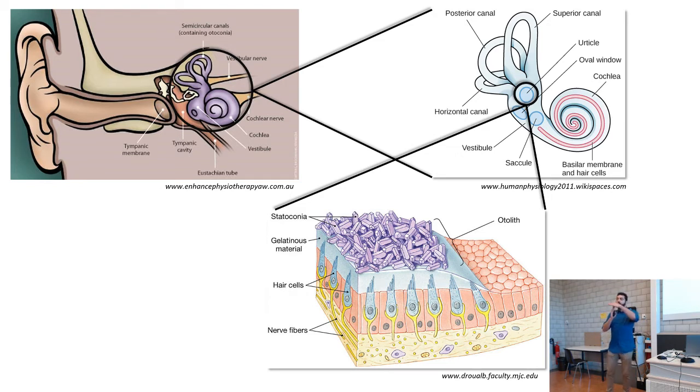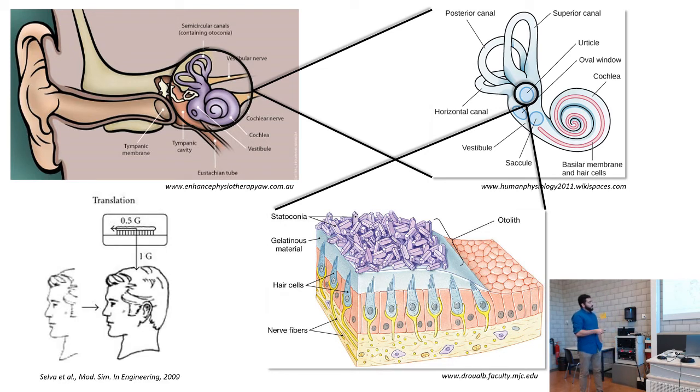Now, every time you accelerate towards a direction, this platform would move due to inertia. And every time that happens, the hair cells send a signal to the deeper structures, to the vestibular nuclei, basically. So this is exactly what would happen in this case. And this is what we think is happening to our mice when we rock them like this.